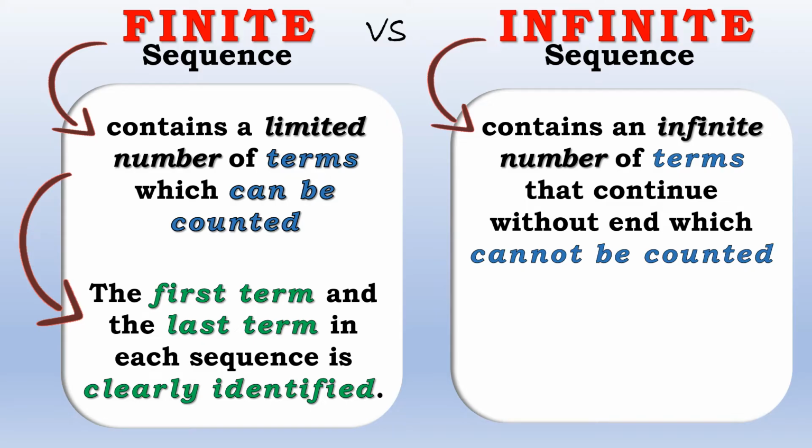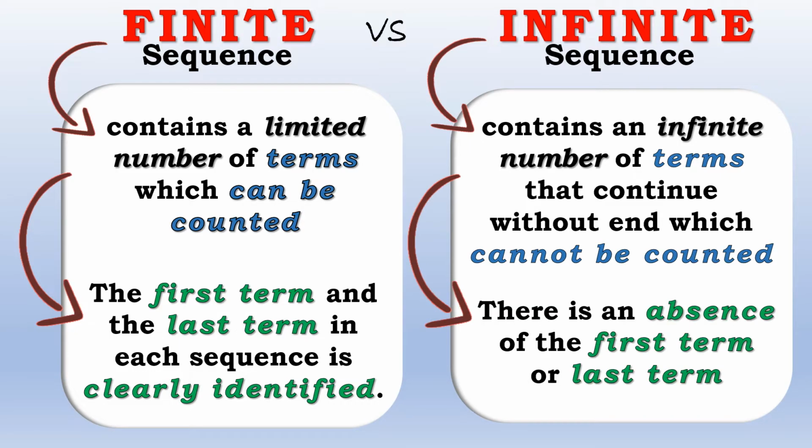So, dahil hindi natin alam yung both end ng ating sequence, ibig sabihin, possible na wala siyang last term, hindi identified yung last term or the first term or parehong first term and last term ay hindi identified. Kapag ganon, ibig sabihin, yung given sequence ay infinite.